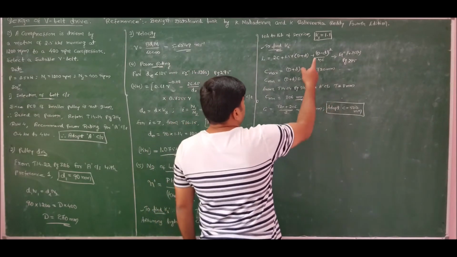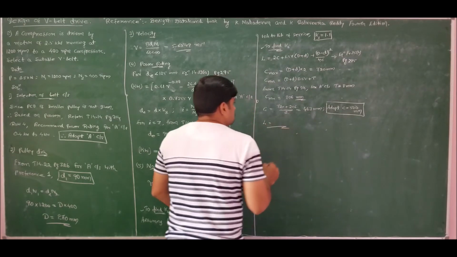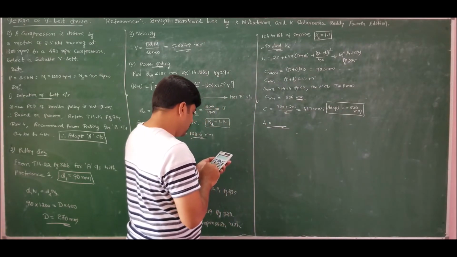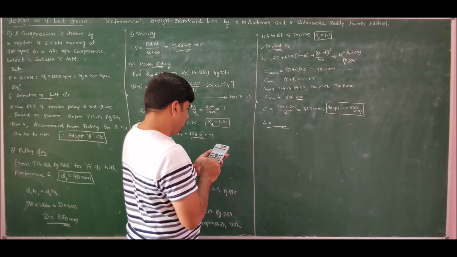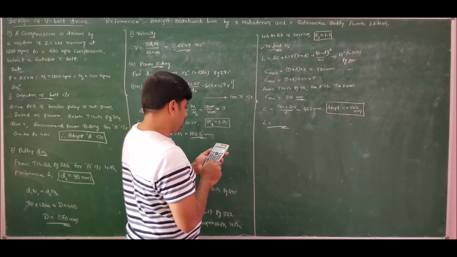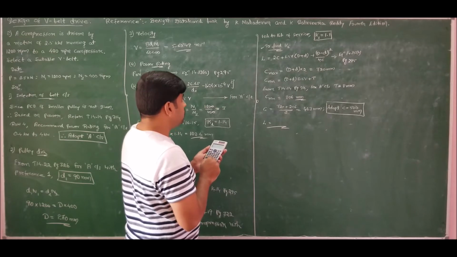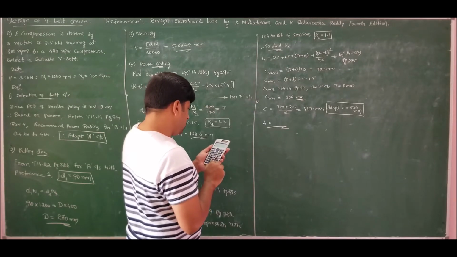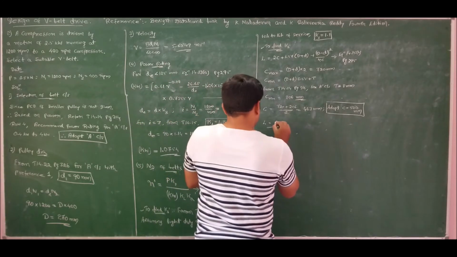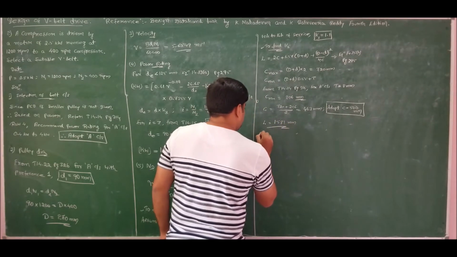So now you know the value of center distance, so substitute in this equation and find the value of L. If I substitute and solve, I will get the value of L as 2 times 500 plus 1.57 into (270 plus 90) plus (270 minus 90) whole square divided by 4 times the center distance, 500, which is equal to 1581 mm.